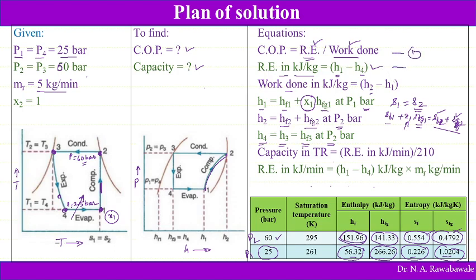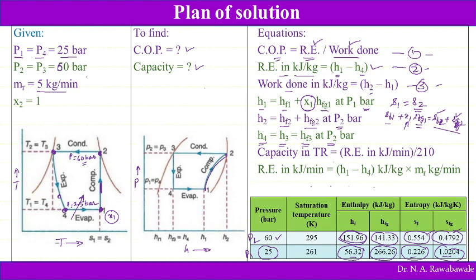So substituting H1, H2, H4 in equation number 2 and 3, and then the values of equations 2 and 3 in equation number 1, we get the COP of this refrigeration system.